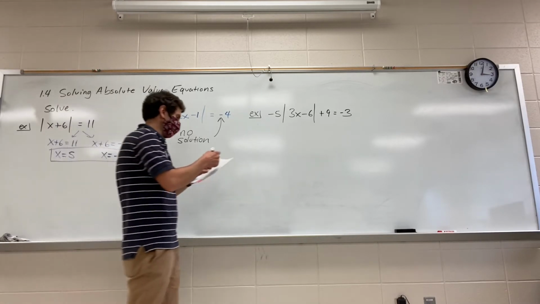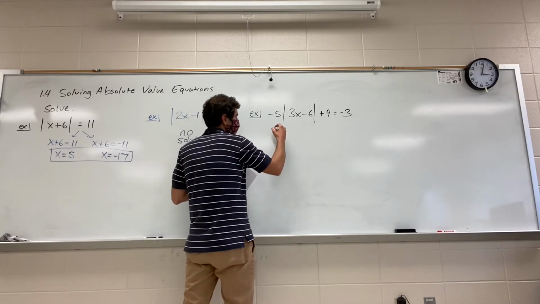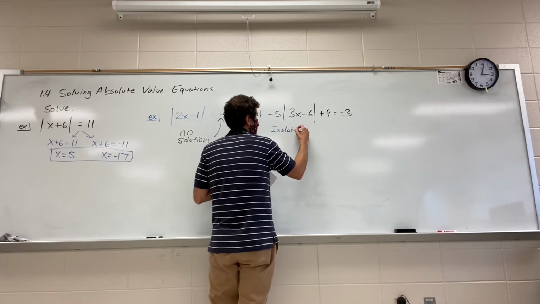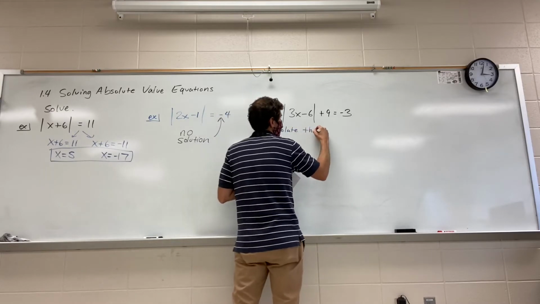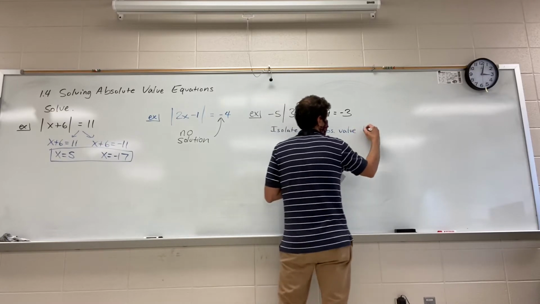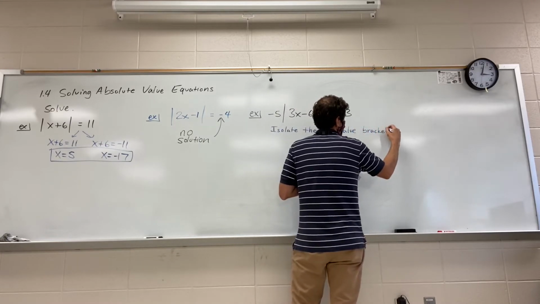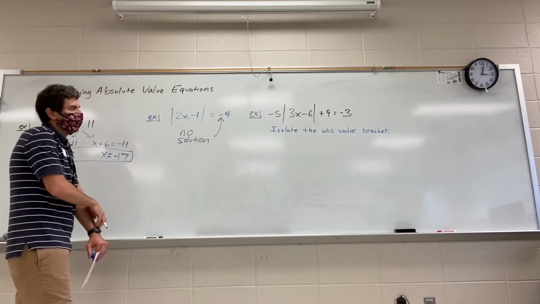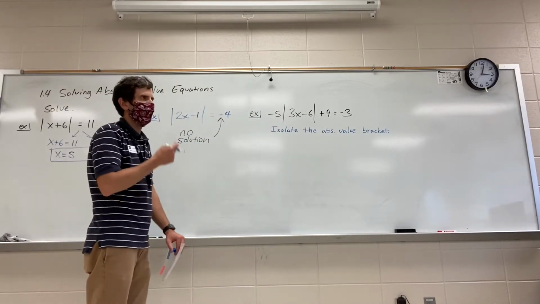So what you're going to want to do is isolate the absolute value bracket. You want to get it by itself. And we've learned how to do this using properties of equality.